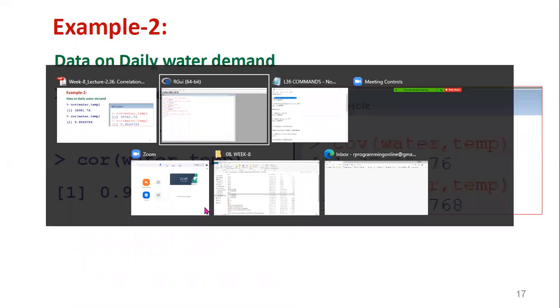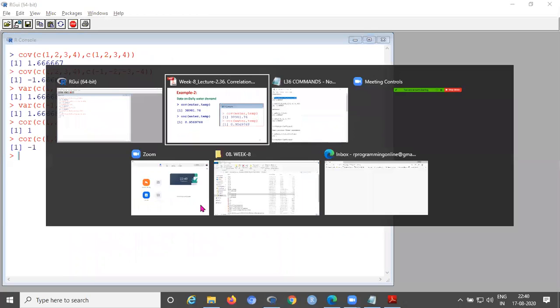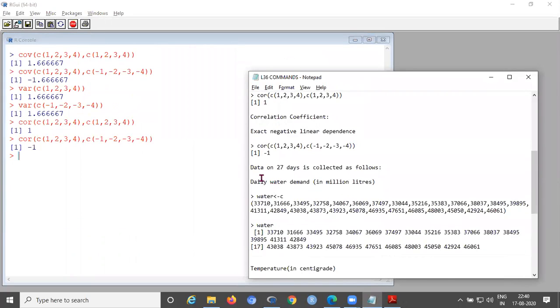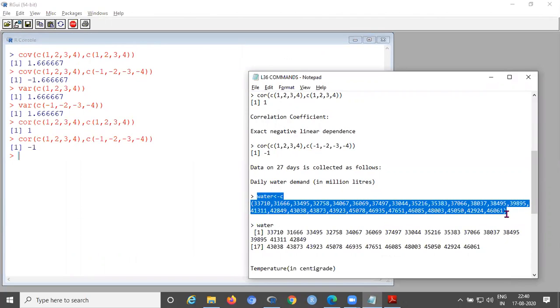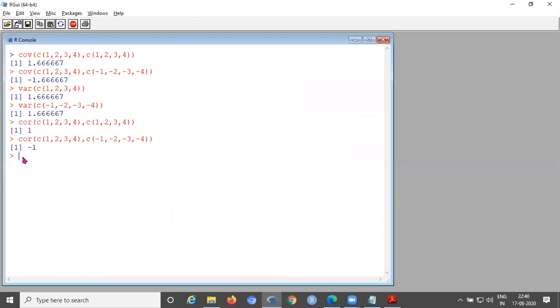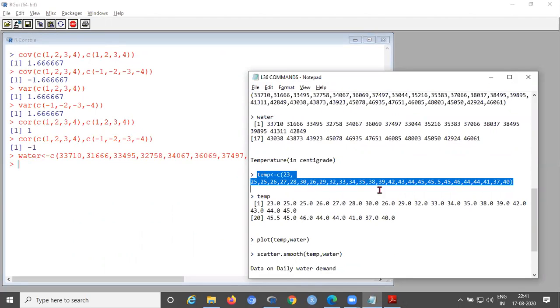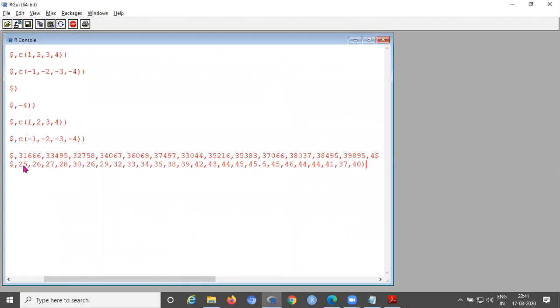Now we will also see the same examples. First, take the water data, which can be stored into the vector water. Then the corresponding temperature data can be stored into the vector temperature.